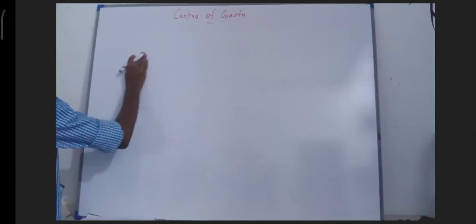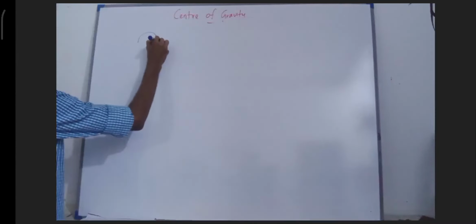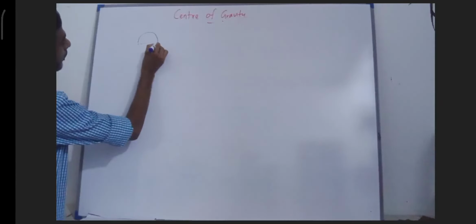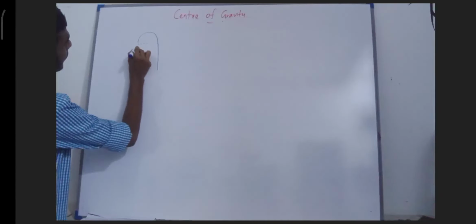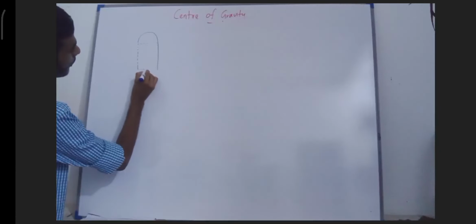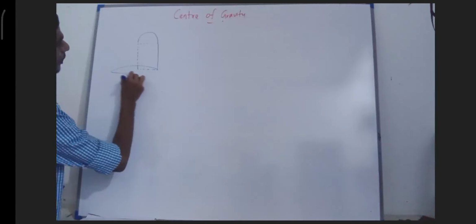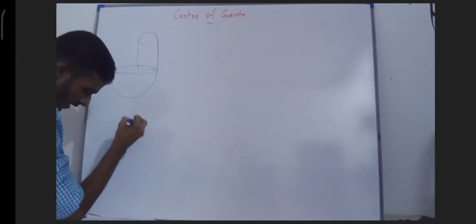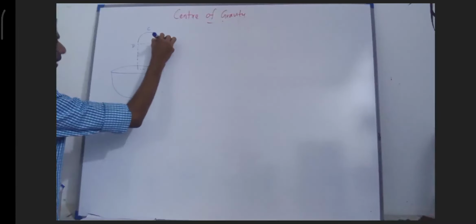So this is like this. Okay, now this is the spoon. I have roughly sketched the diagram. This is DCB.